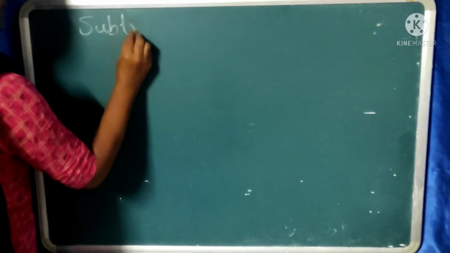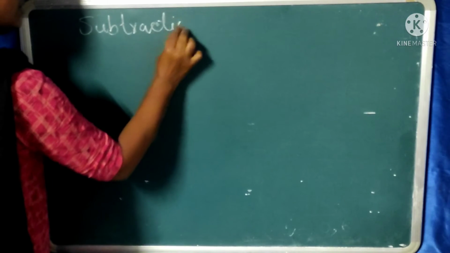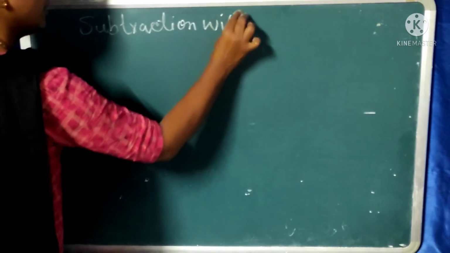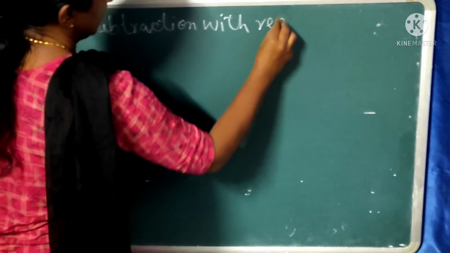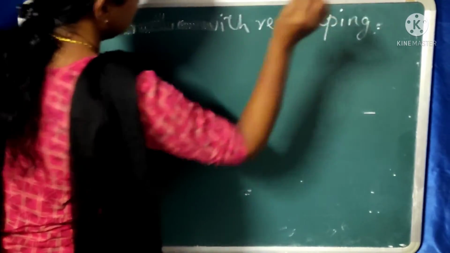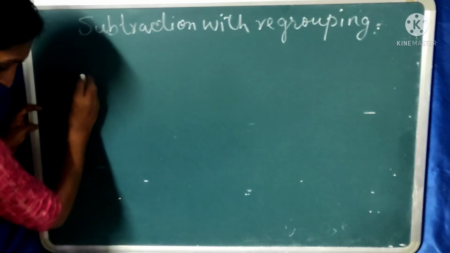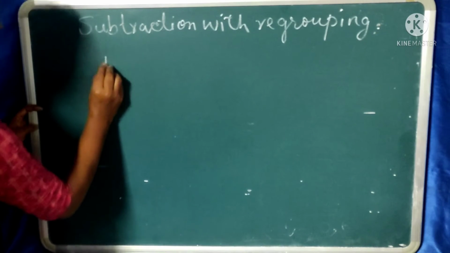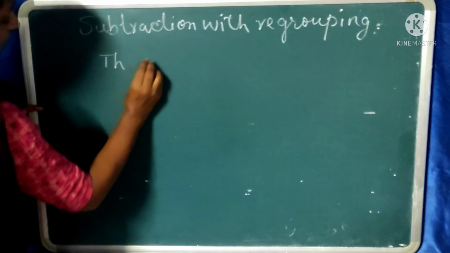Next is subtraction with regrouping. Okay, let us take one example. This is also a 4-digit number.